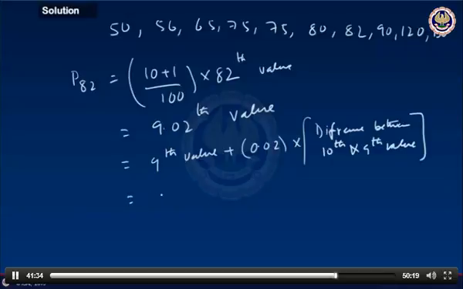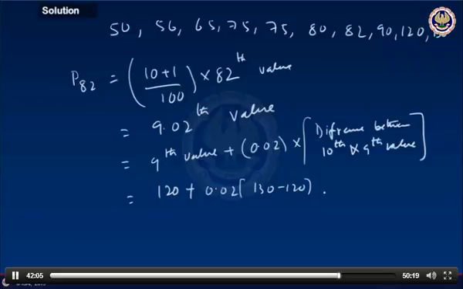The 9th value, counting 1 to 8 and then the ninth, is 120, plus 0.02 into the difference between the 10th and 9th, that is 130 minus 120.